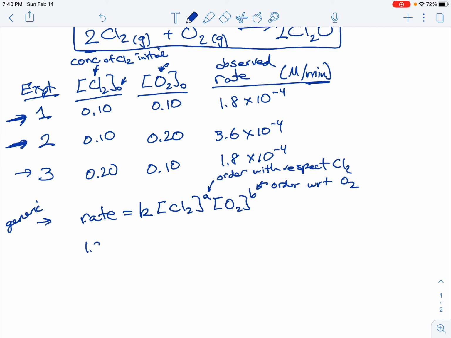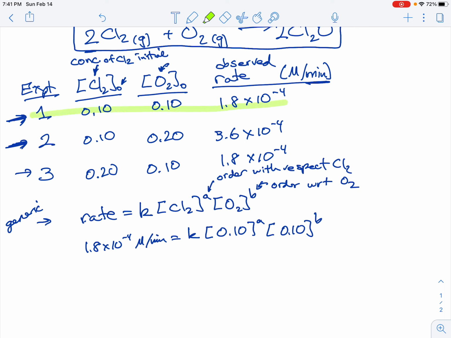The rate is 1.8 times 10 to the minus 4 molar per minute, equal to this rate constant that we're not doing anything with just yet, times 0.1 to the A power, the order with respect to Cl2, times 0.10 to the B power. I'm simply taking this first experiment and plugging it into my generic rate law equation.